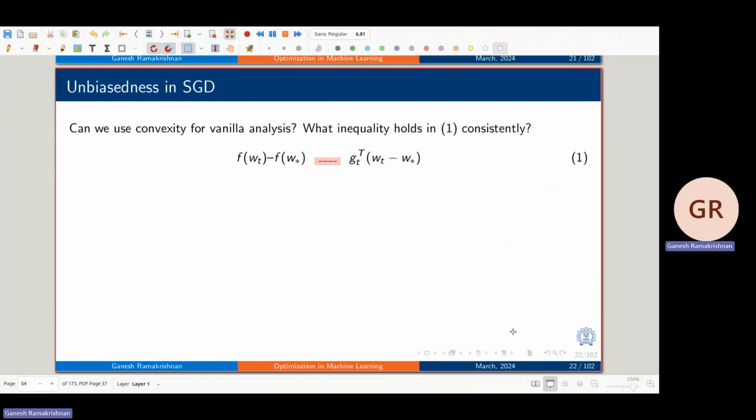For convex functions, what were we doing so far? Less than or equal to. Can I just do this less than or equal to here? Recall that g_t was based on a single data point. Can I put a less than or equal to blindly there? What can I do?